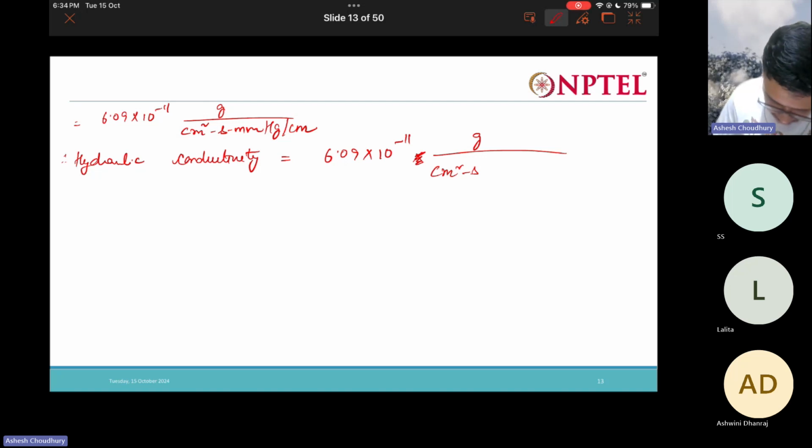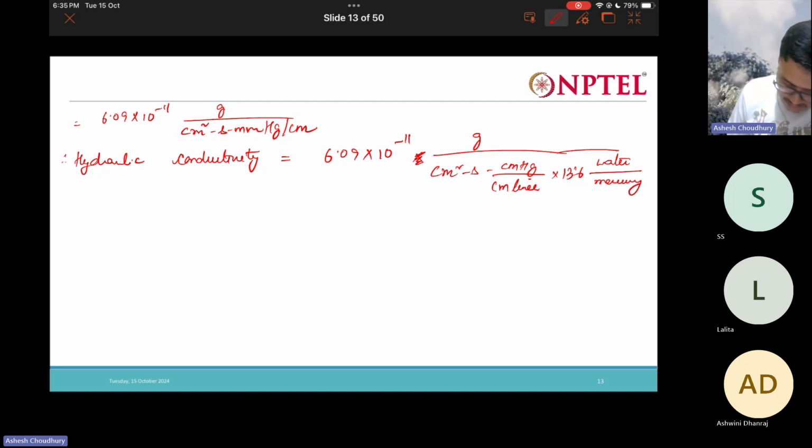How to do that? 13.6 times water by mercury.